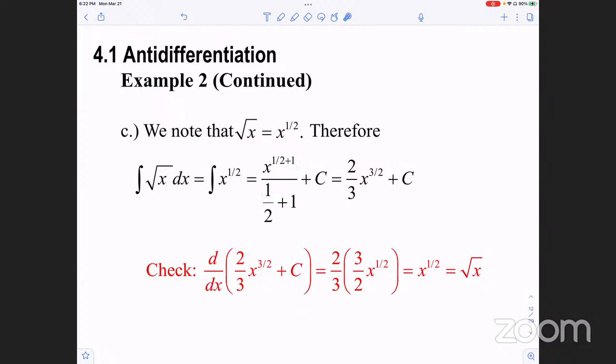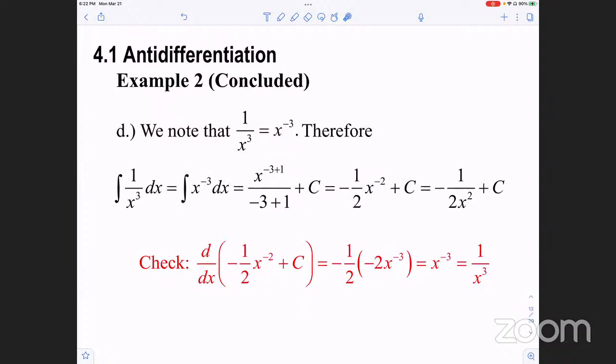You should check by taking the derivative. Here is x to the -2 over -2, and when you simplify, it gives you this. If this is not clear, just stop me.